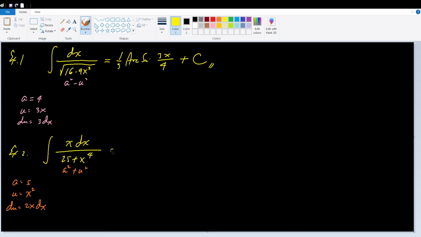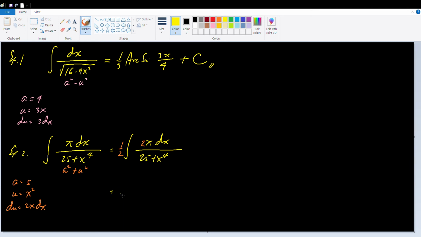So let us rewrite our integrand, x over 25 plus x to the 4th. We know that it lacks 2 to complete our du, so we multiply it by 1/2.